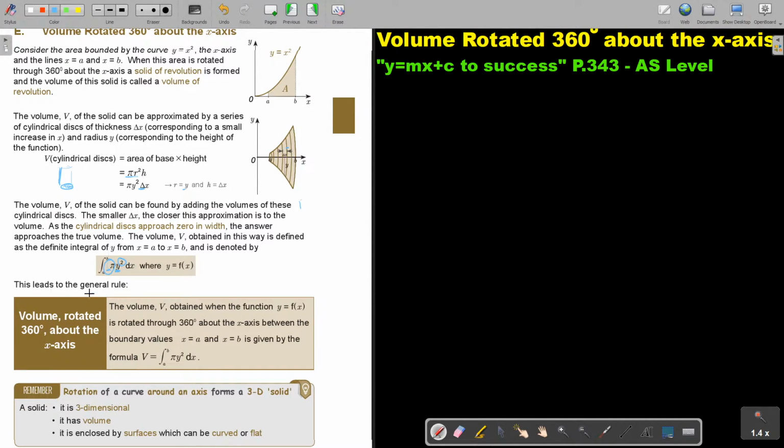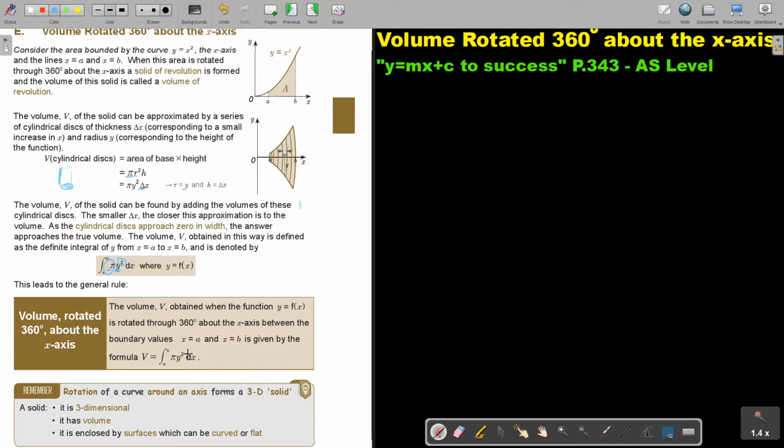So this leads to the general rule. The volume V obtained when the function y equals f(x) is rotated through 360 degrees about the x-axis between the boundaries x equals a and x equals b is given by the formula: V equals pi times the integral of the function squared dx.